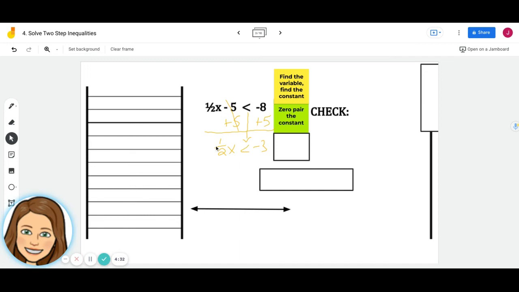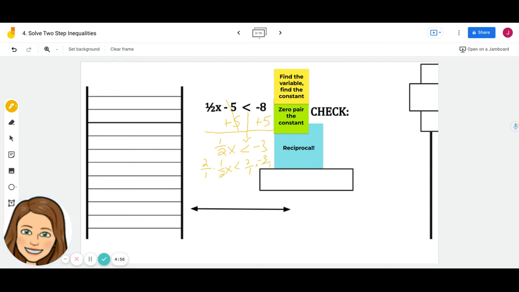My coefficient is rational. So just a reminder, with a rational coefficient, let's make it bigger. We do the reciprocal. What's the reciprocal of 1/2? Hopefully you said 2 over 1. So I'm going to do 2 over 1 times 1/2 x is less than 2 over 1 times negative 3 over 1.